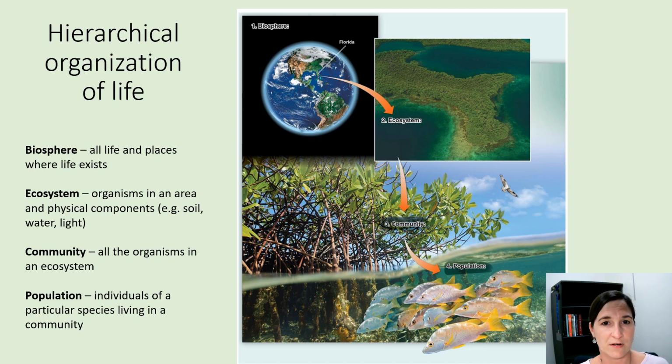The biosphere is all life and places where life exists. So land, bodies of water, the lower atmosphere of Earth, right? Biosphere, Earth is a sphere. Okay, so that's the biosphere. And then if we zoom in, the biosphere is made up of a number of different ecosystems. Here we're looking at a mangrove ecosystem.